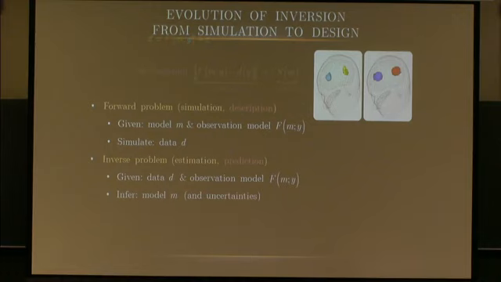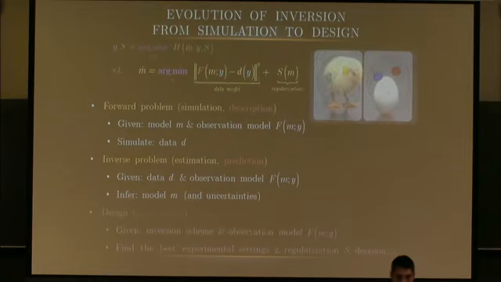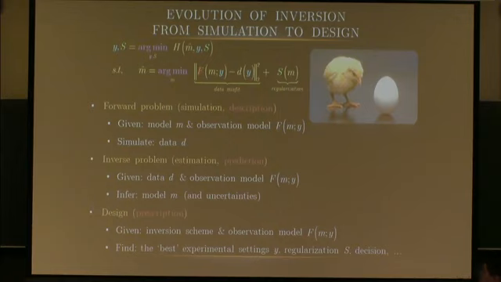Given the data and some observation, try to infer the model with some uncertainties. And the challenge that we are advocating to look into is really the art of prescription design: given some inversion scheme and some knowledge about the observation model, try to find the best experimental design, the best regularization, the best control, the best decision, and so forth.